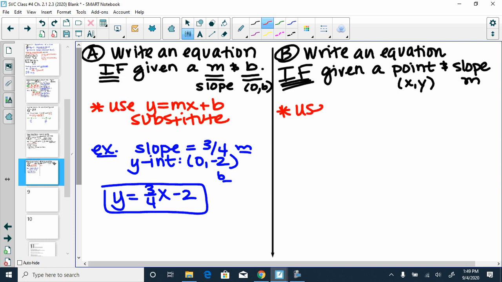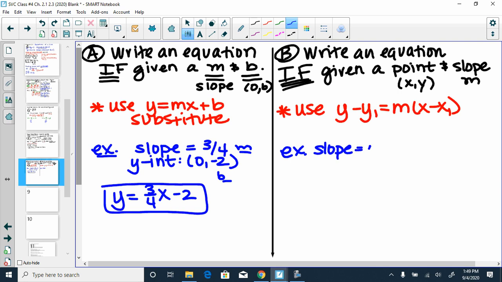You use y minus y1, and this is the formula we just looked at. You are using point slope. Okay, so an example is going to look like this. What if the slope is 4 and the point is (-6, -4)?